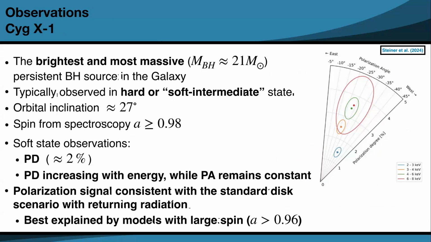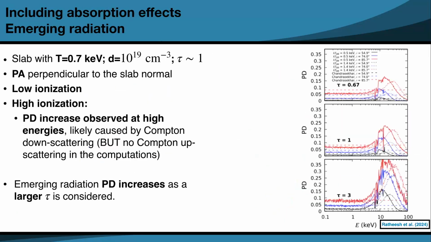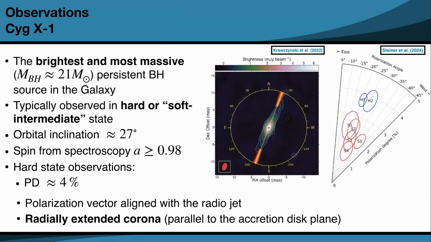So yeah, one possibility is that it's not like that, and it's actually something that has been proposed. Actually, I have one more slide for this. It has been proposed in some sources that we have a misalignment between these two axes, so that the inner regions of the disk are misaligned with the orbital inclination. That's something that has been proposed for the hard state observation of Cygnus X-1, because in this case the observed polarization degree of 4% was too large for the orbital inclination of 27 degrees.